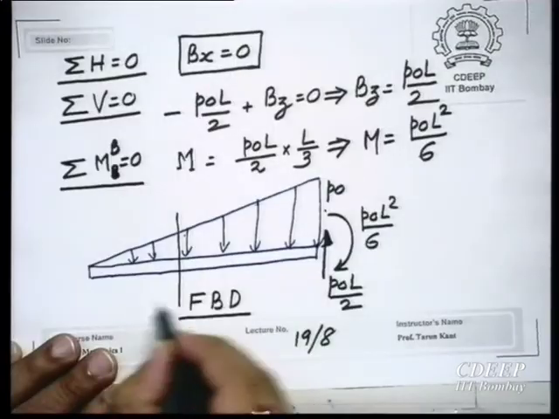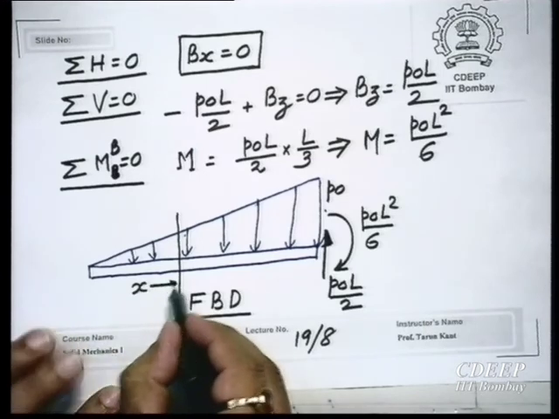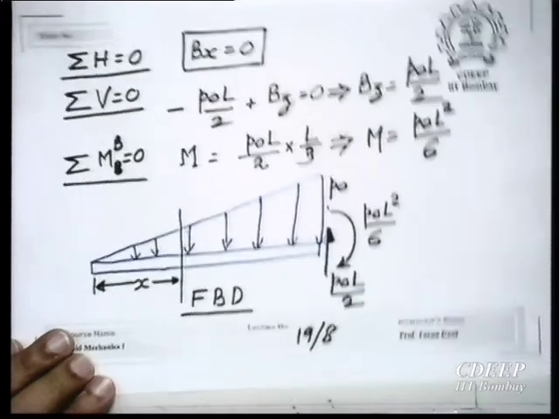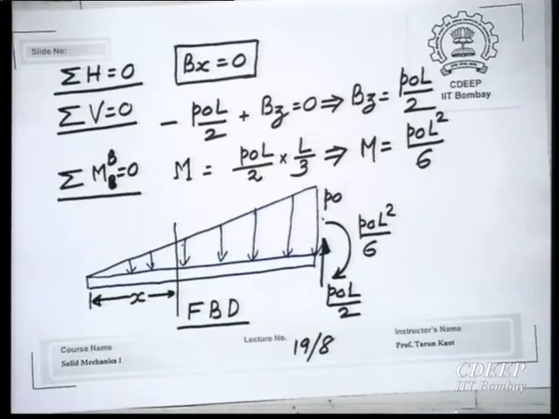Was it necessary? Because now I am interested in finding out at any cross section what is the value of bending moment, what is shear force, what is axial force.